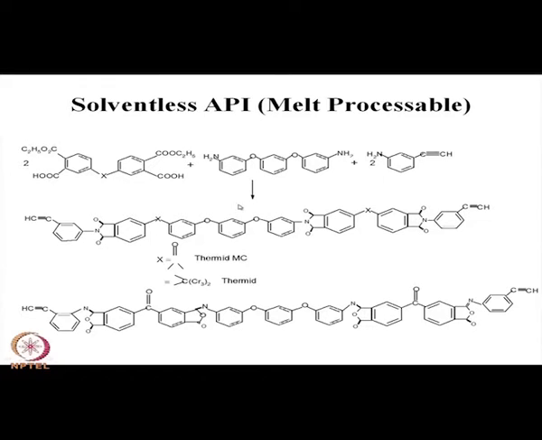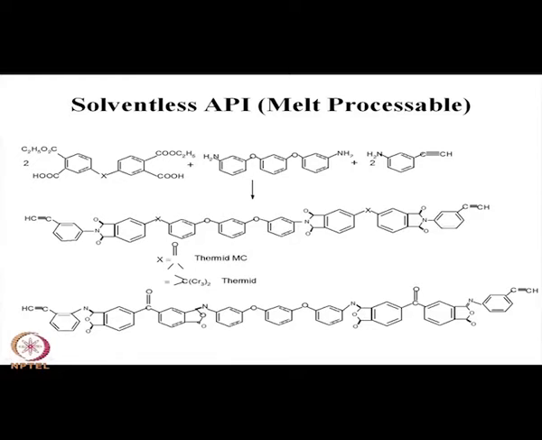Ordinary solvents cannot dissolve such polyamic acids, but involving solvents for making composites is not a good approach from the point of view of environmental pollution.